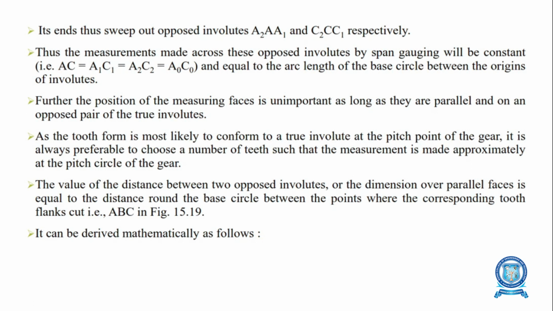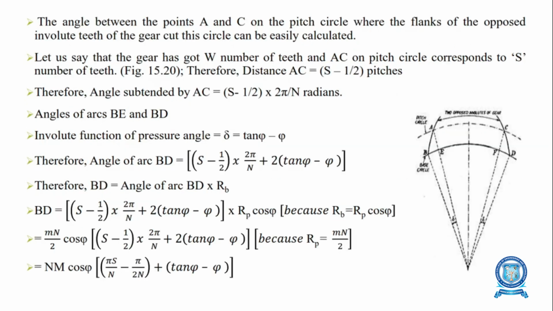The base tangent length consists of one base circular thickness of tooth and a number of base pitches. So base tangent is equal to one base circular thickness plus the number of base pitches. So here we are going to use the base tangent method.